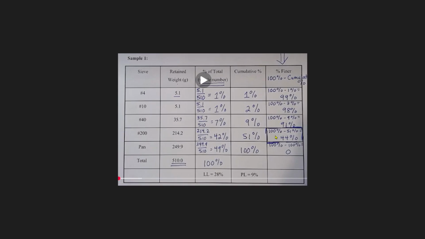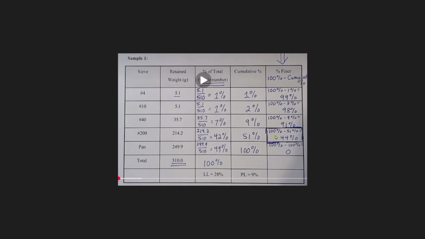If you've looked at those AASHTO tables, right at the top it says general classification. And that general classification is whether or not we have a granular soil as opposed to a fine or clayey soil.